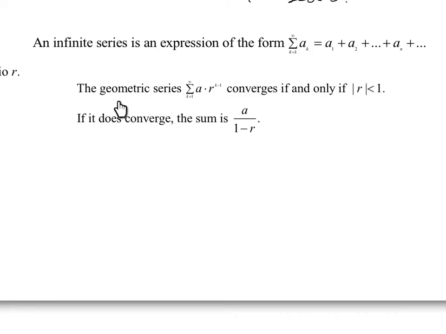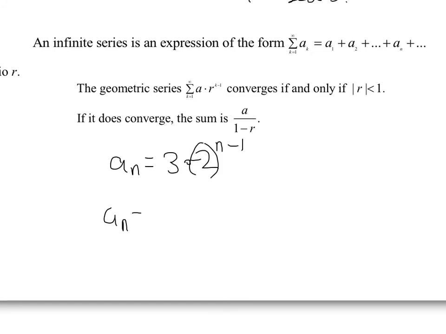So the geometric series sum of k equals 1 to infinity, a times r to the k minus 1 converges if and only if the absolute value of r is less than 1. So if you had a geometric equation like this, see how r is 2 or even negative 2, but the absolute value is 2, so it would not exist.